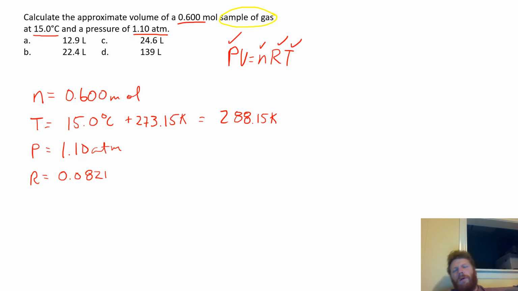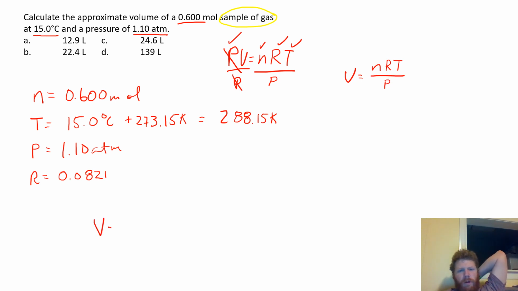We do not have our volume. All that we need to do is rearrange this equation and put volume by itself. So we rewrite this equation as V equals nRT divided by pressure.